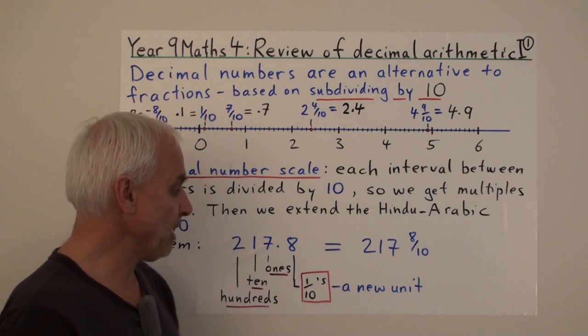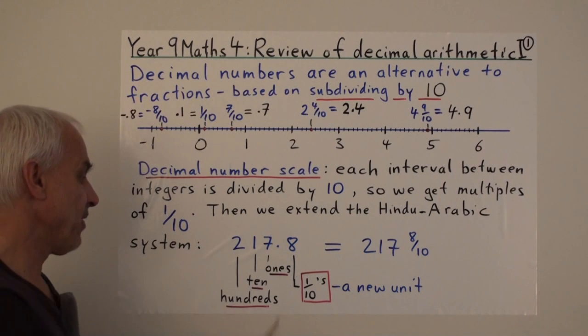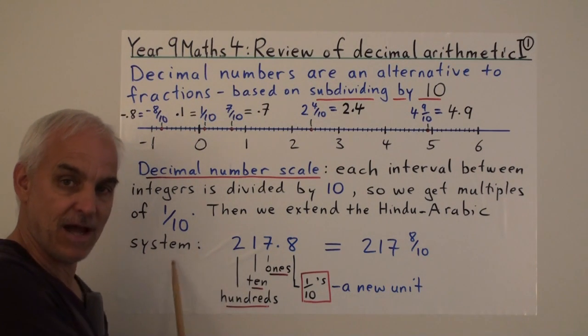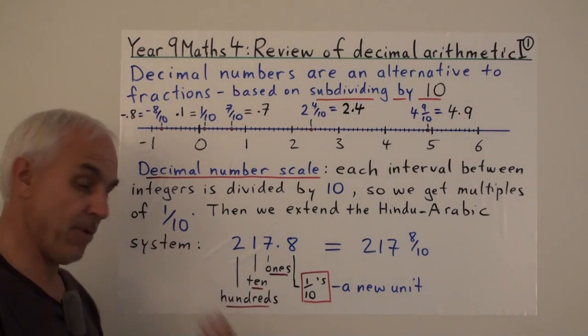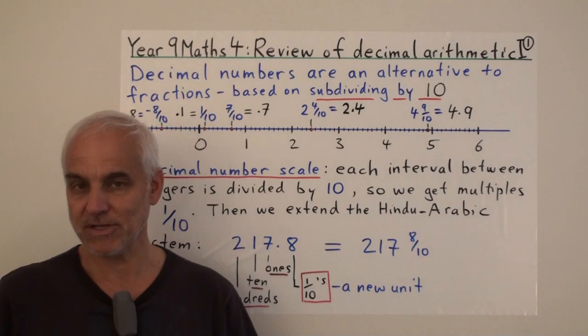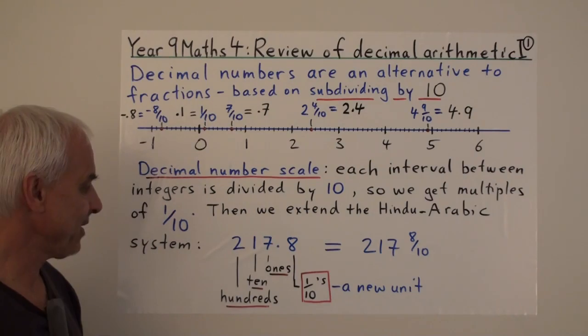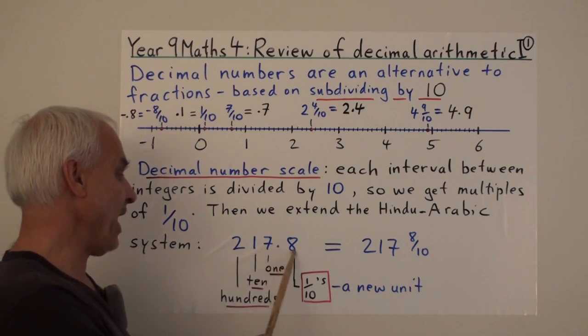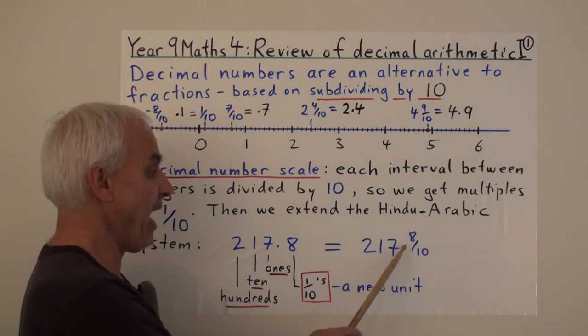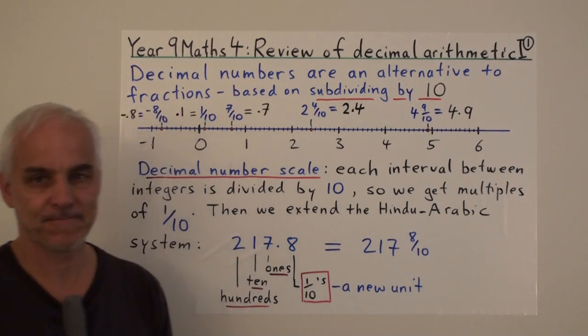That's kind of a new unit that we're introducing to augment the ones, tens, hundreds, thousands, 10,000s, 100,000s, and so on that we generally use for our ordinary Hindu-Arabic representation of numbers. So 217.8 is just another way of writing 217 and 8/10.